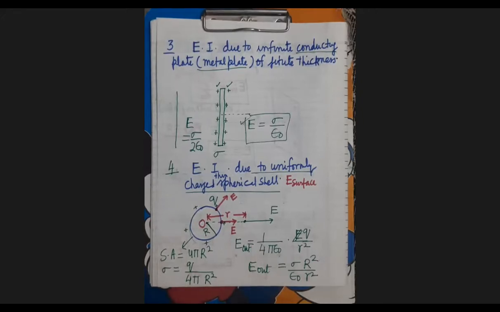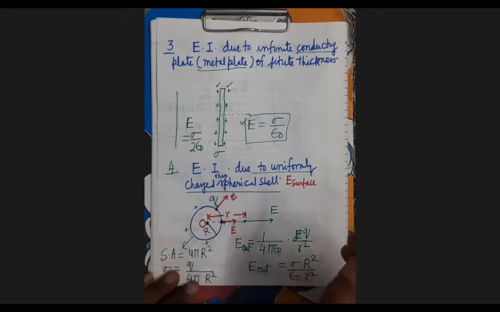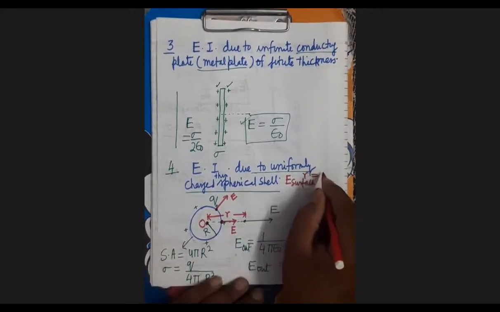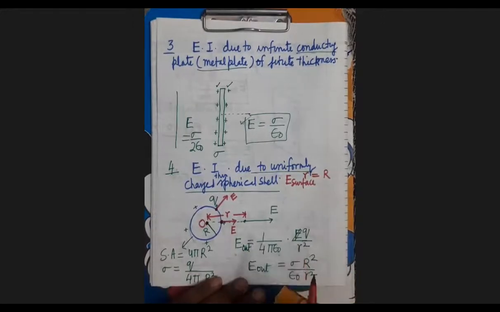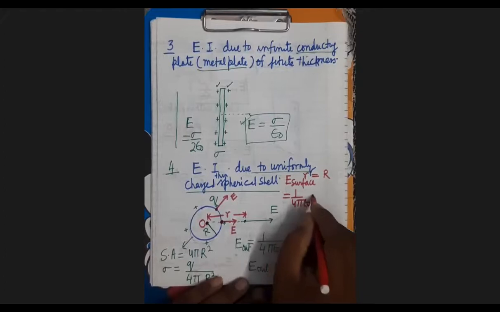Now if you calculate, what will be the value of small r? Small r is the distance from the center to the point where we find the intensity, from this point to this point. So small r will become equal to capital R, and then the formula will be Q upon capital R square.